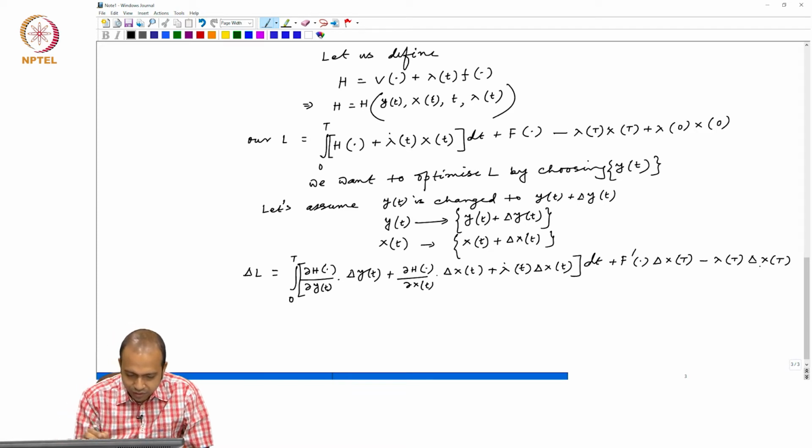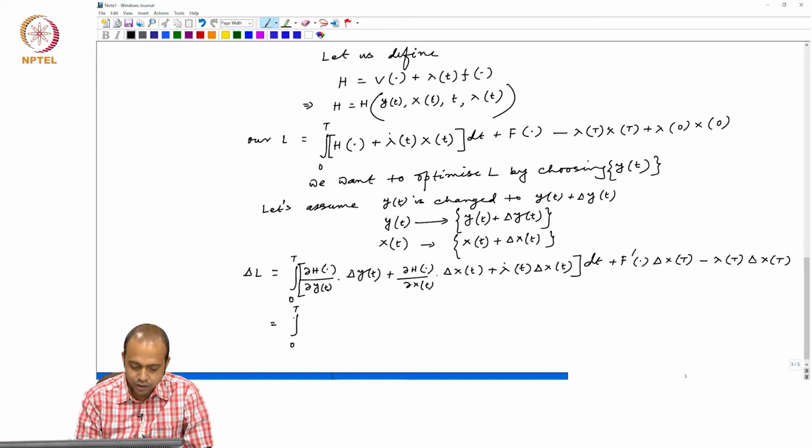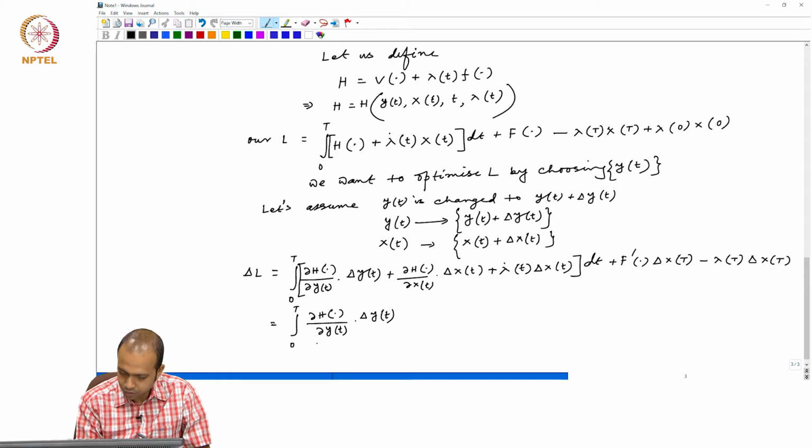So, this we can rearrange and write as equal to integration 0 to T, del h dot del y t into delta y t, plus delta x t we will take common.